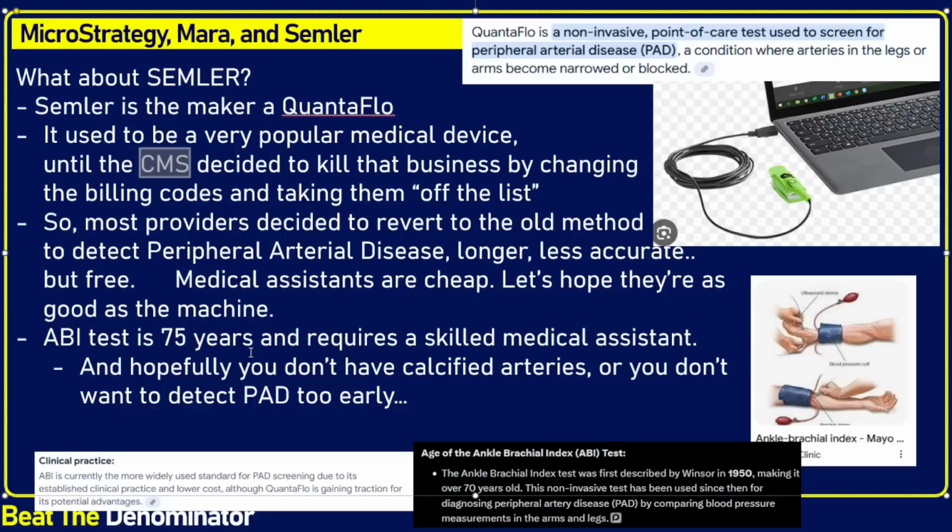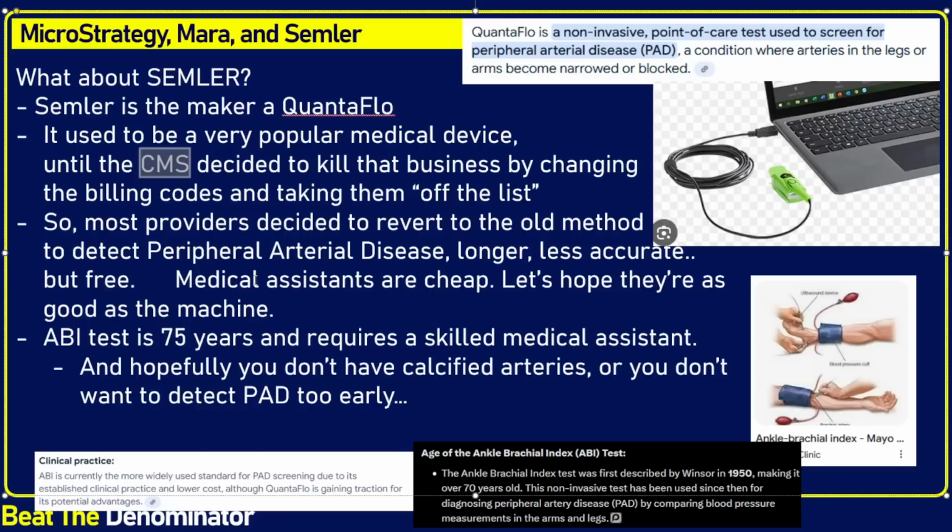So they reverted back to a 75-year-old technique. You can understandably see why you still have a lot of private pay clinics, state-of-the-art clinics that cater either to people who have a lot of money or to more health-conscious people who just don't blindly follow Medicare.